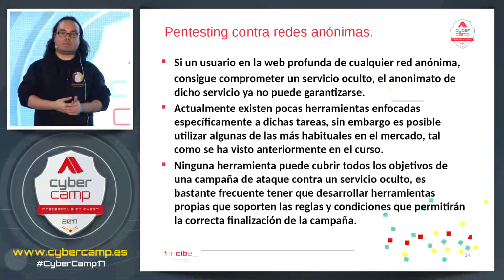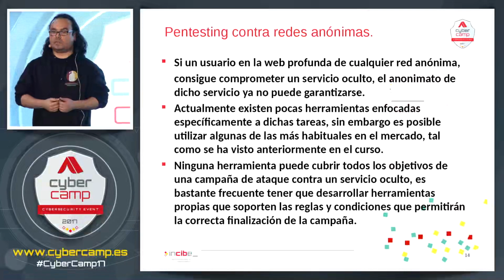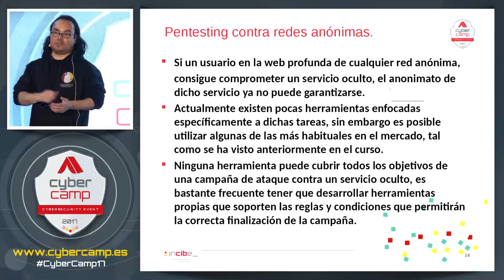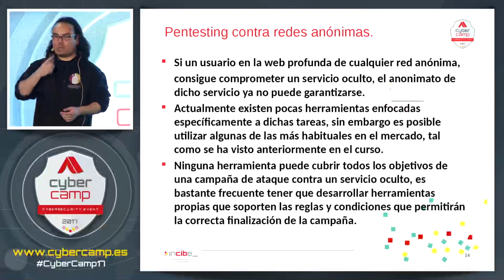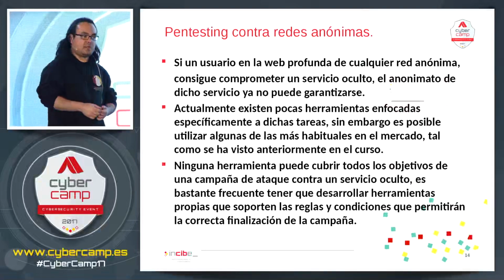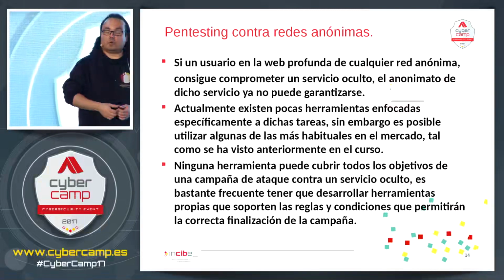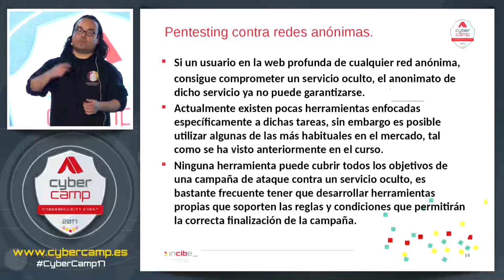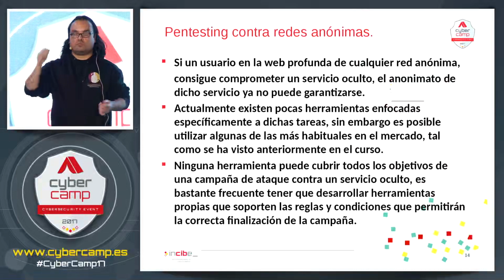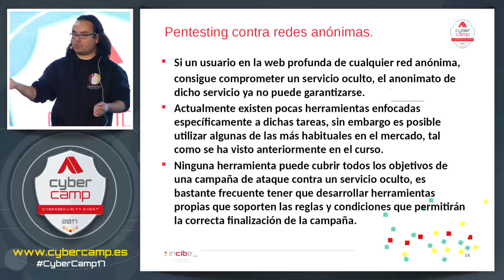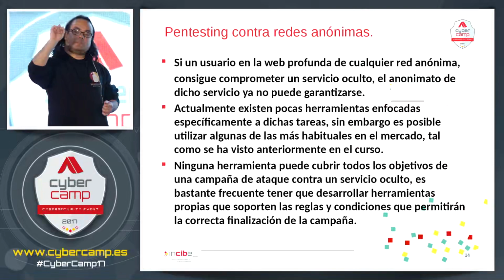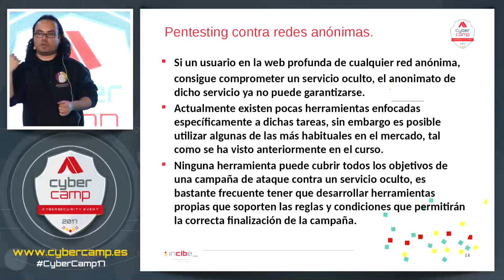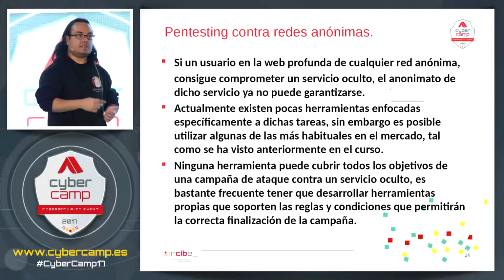Actually running pen testing programs against service-based solutions goes through using a proxy. As we'll see, we can use, I don't know, proxychains, or we can use SOCAT in order to route all the traffic through SOCKS proxy and send all these queries to an onion address.